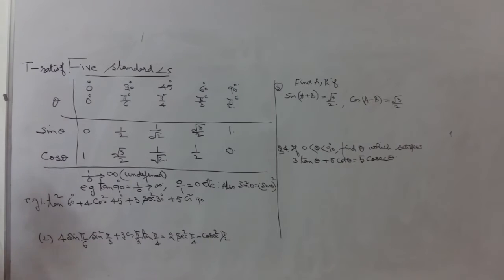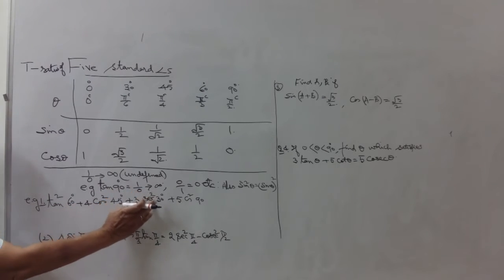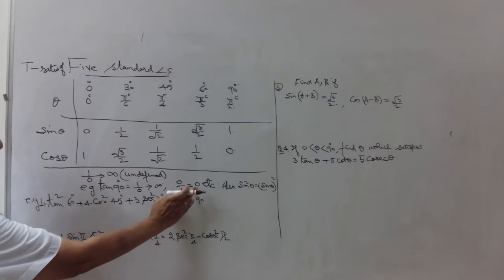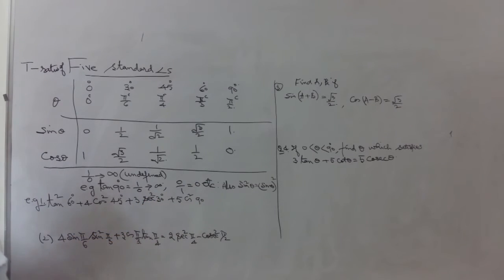Now for example, we deal with question number 1. You note down the question here: tan square 60 plus 4 cos square 45 degrees plus 3 secant square 30 plus 5 cos square 90. Then you add the solution here.